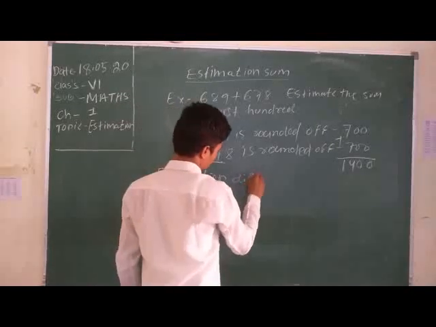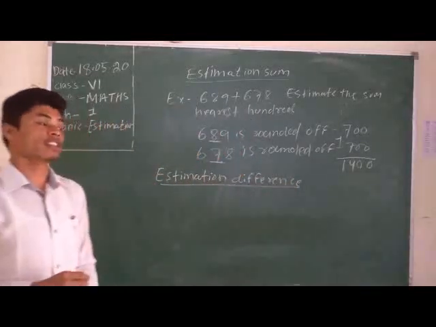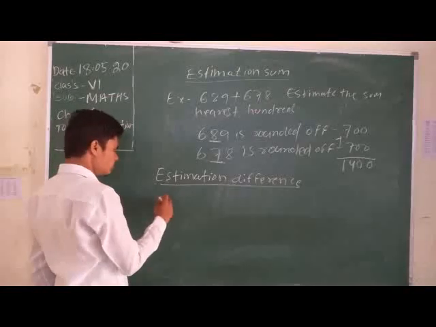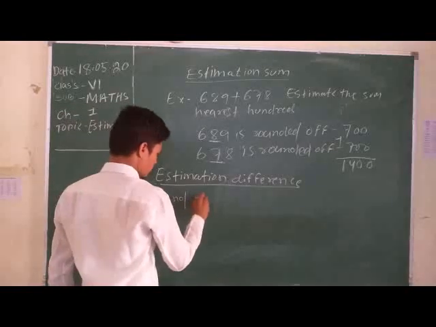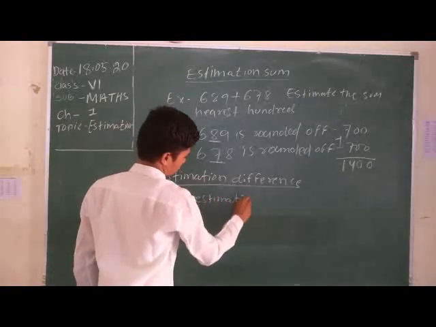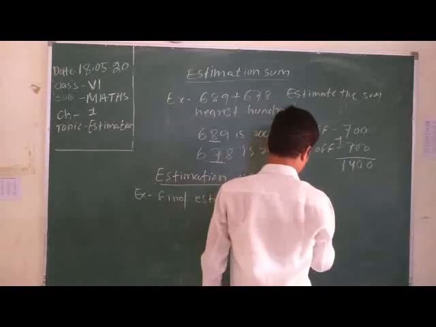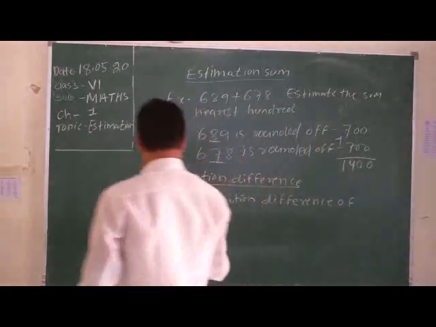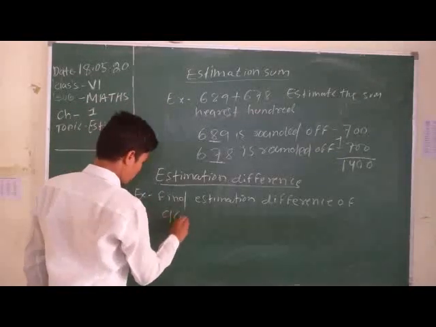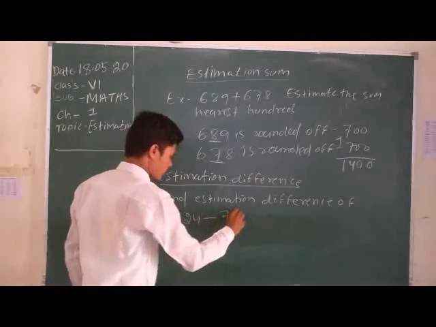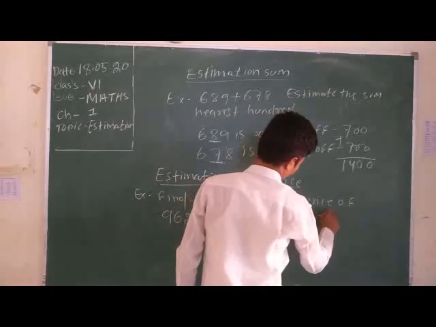Estimated difference. Let's see an example. $9,624 minus $7,223, nearest 1,000.